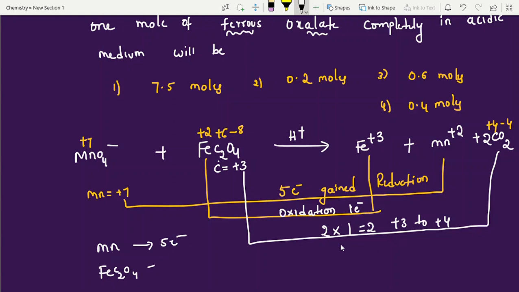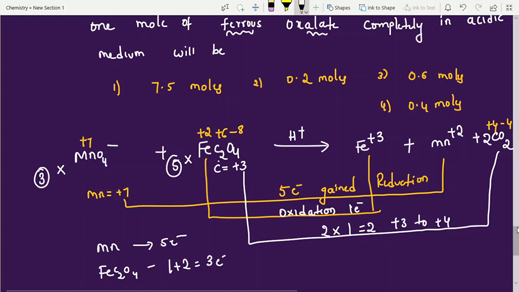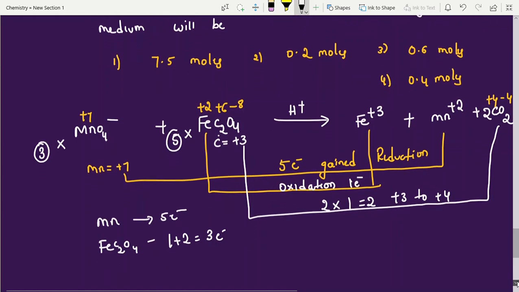Here 1, here 1 plus 2, totally 3. So electrons lost and electrons gained are not matching. Then you have to multiply this equation with 3 and this equation with 5. That's it. Then you can go for stoichiometric equations.